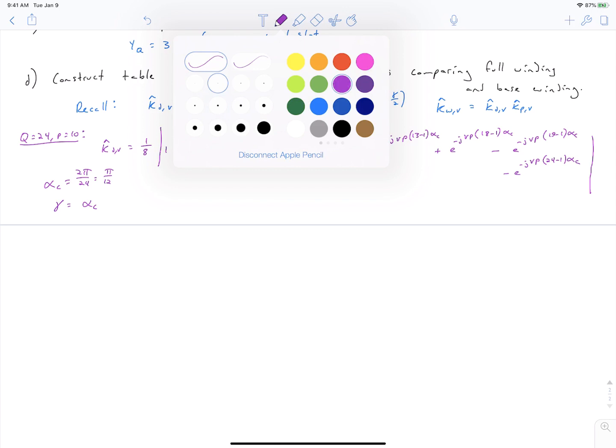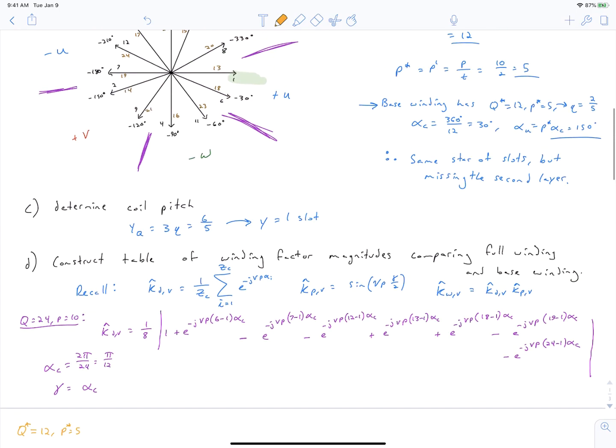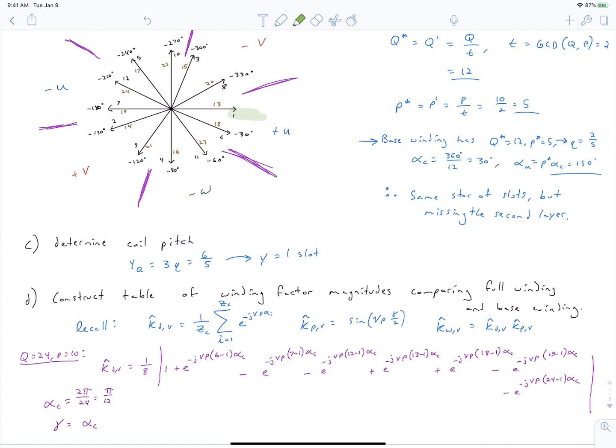Now let's write out a set of expressions for the base winding. And remember, the base winding, we consider it as being an equivalent machine with Q star slots and P star poles. And we've already determined the assignment of the coil sides as just being the first layer of this. So we just have 4 coils instead of 8.